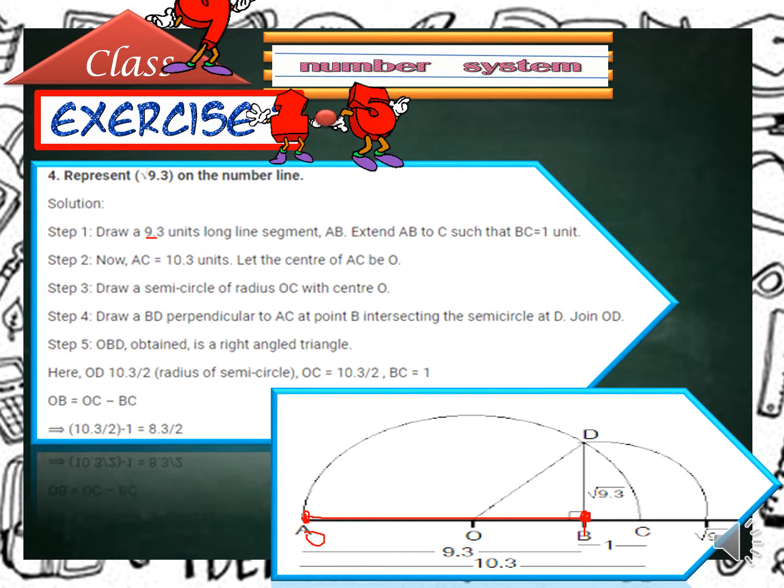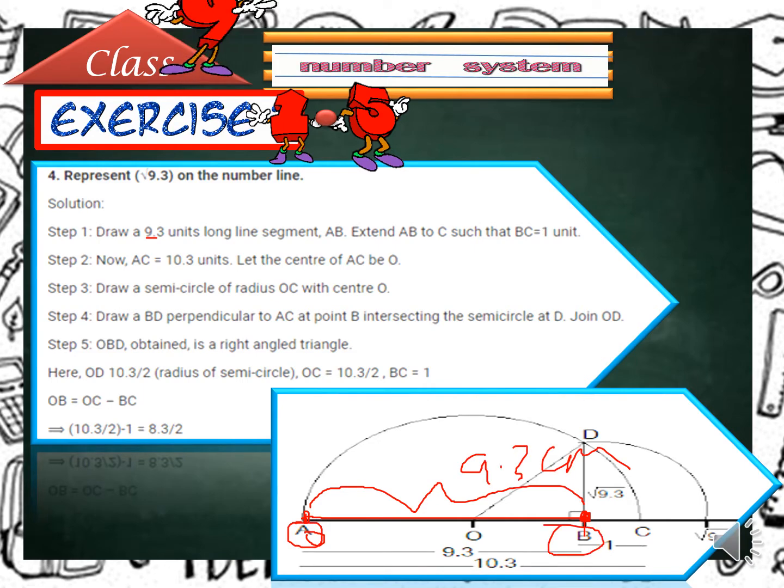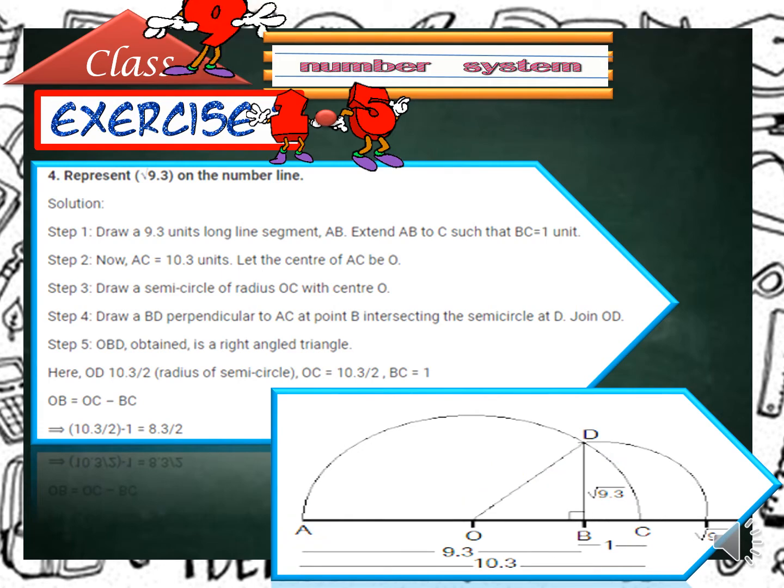This line segment is 9.3 centimeter, mark it as A and B. After marking A and B, now let's extend this line to BC. AB is now extended to BC with 1 centimeter.